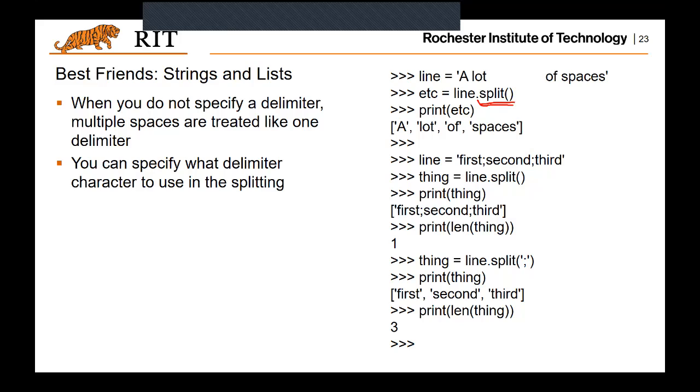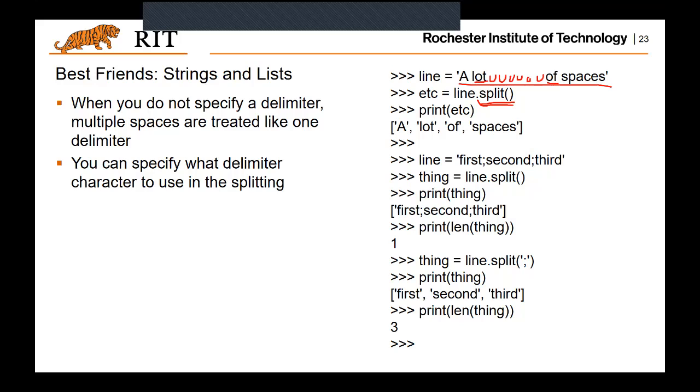to separate this string. So for example, you have a string with a lot of spaces, right? I mean, literally there are many spaces in between this word and this word.